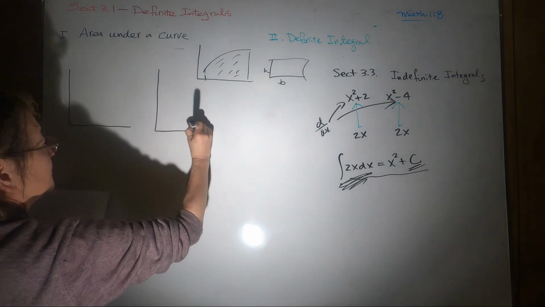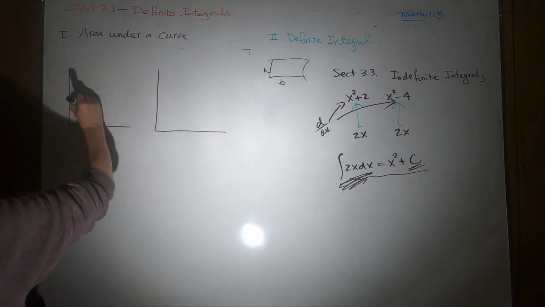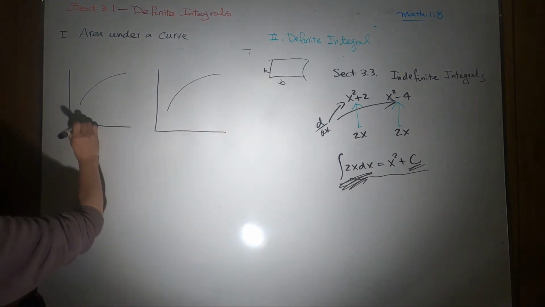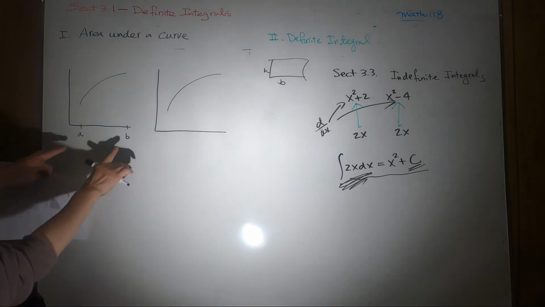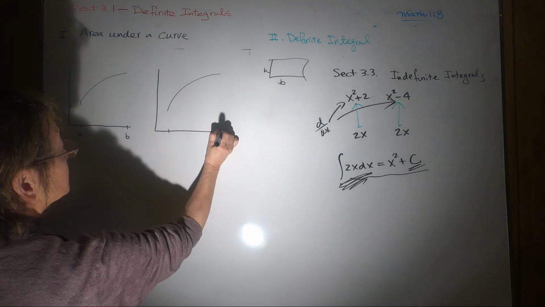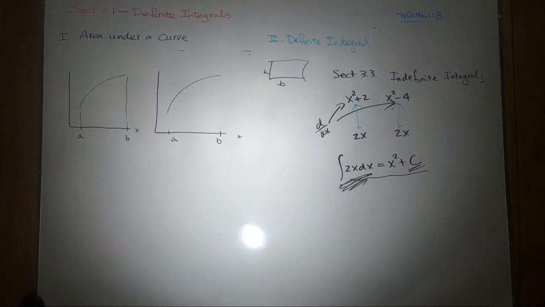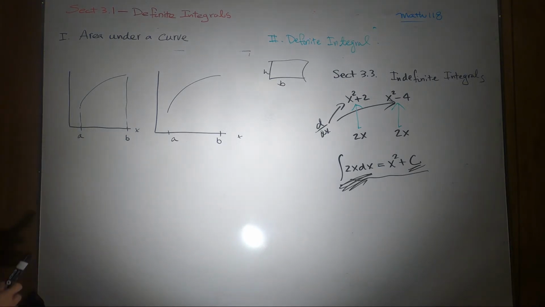So let's see. When we do the definite area under a curve, we can think this way. If you do the same curve, you can do it several ways. Okay, so we start from A to B, definitely, right? In between, it's a fixed area between A and B. Okay, if we want to find the area, what do we do? So we are going to look at from A to B for the x.